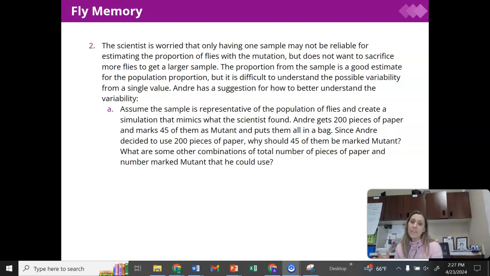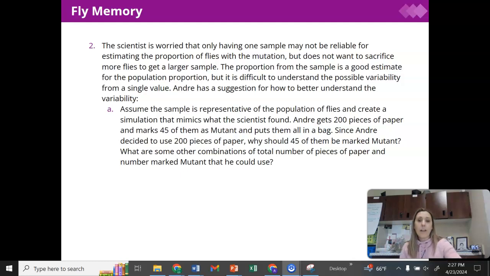So 45 out of 200 is the same as 9 out of 40. You also could have used 40 pieces of paper and marked 9 mutant, and 80 pieces of paper and marked 18 mutant. So there are different ways of doing this, but how he got the 45 was that is what's proportionate to what we found earlier.